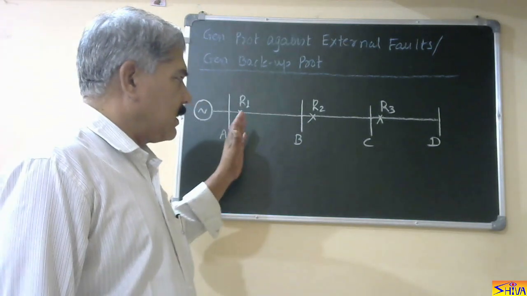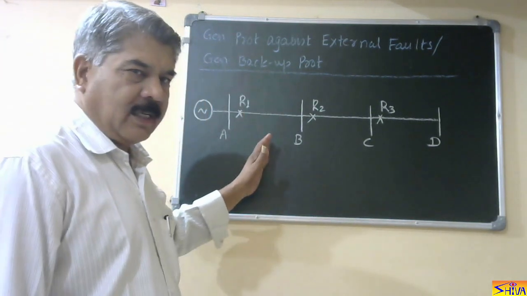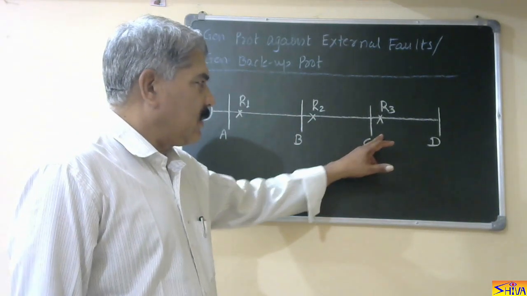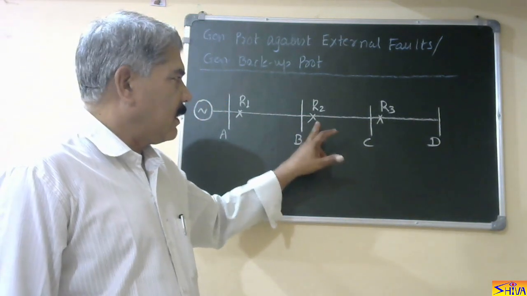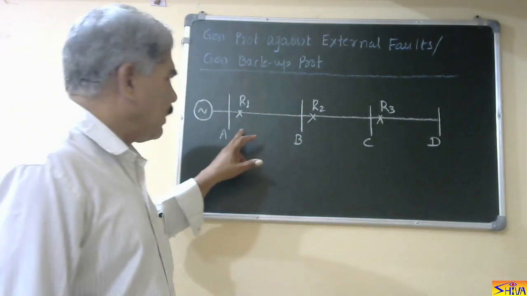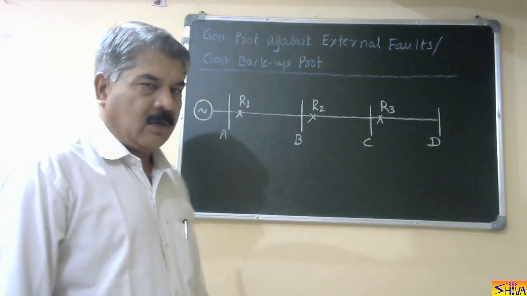Now when we consider the generator, then there will be step up transformer that I have not shown here, and after that there will be transmission line. Now here R3 is used to protect line section CD, R2 for line section BC. It is also serving as a backup protection to R3. Then R1 is acting as primary protection for AB and backup protection for R2.